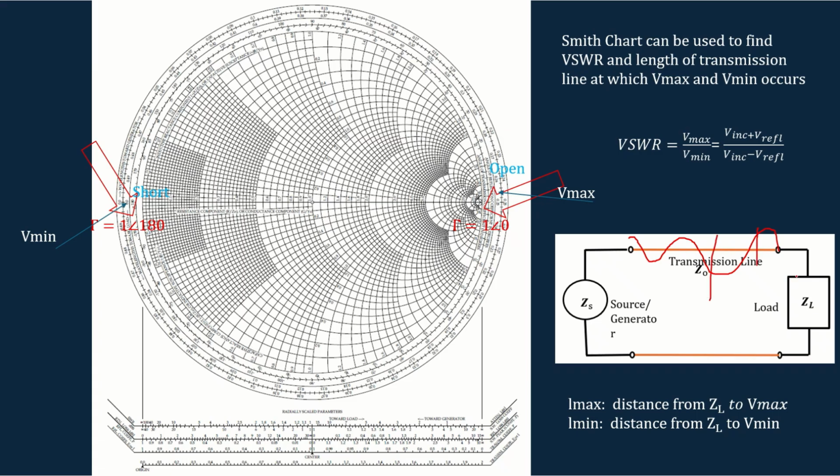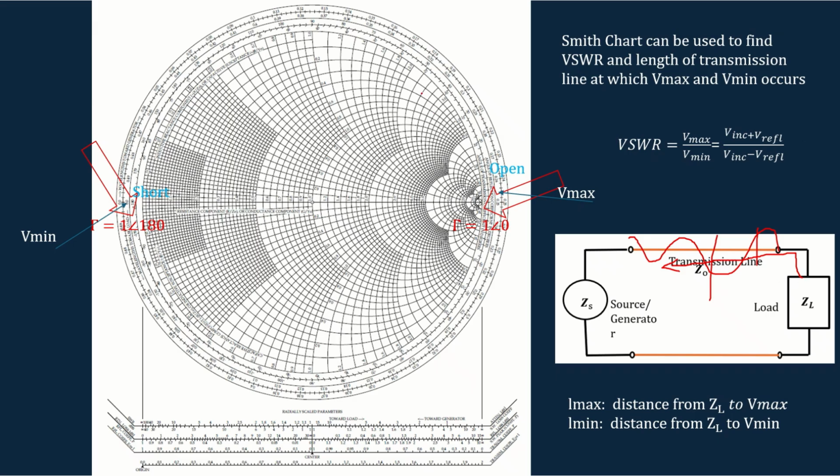In that case, we have to consider the length from the load to the source. lmax corresponds to the position of Vmax from ZL, and lmin corresponds to the position of Vmin from ZL.